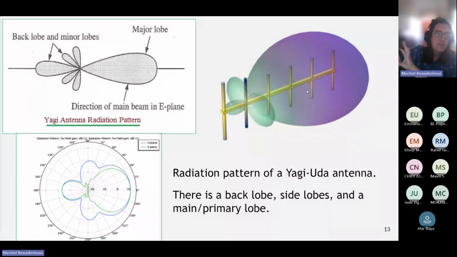But because we're living in the real world and nothing is ideal, there's some radiation that gets in from other directions, either from the back side of the dish or off from the sides. Those are called the back lobes and the side lobes, and they contaminate your data from the main lobe with interference.